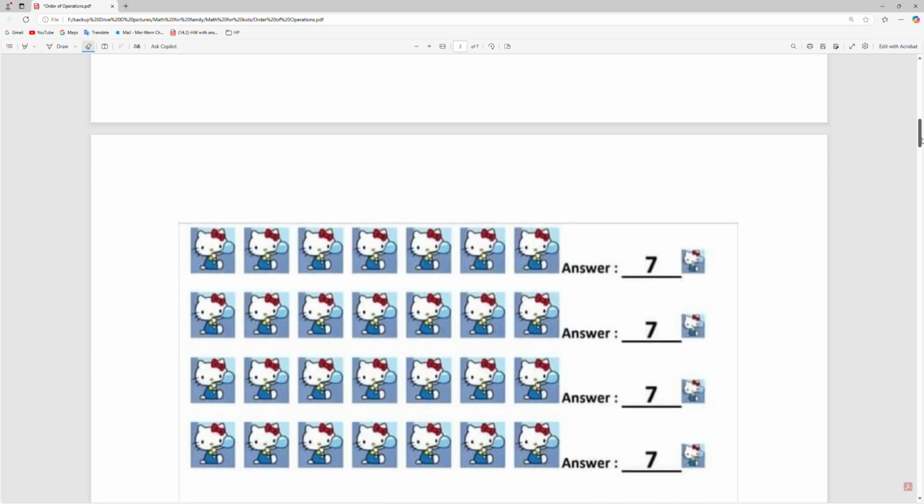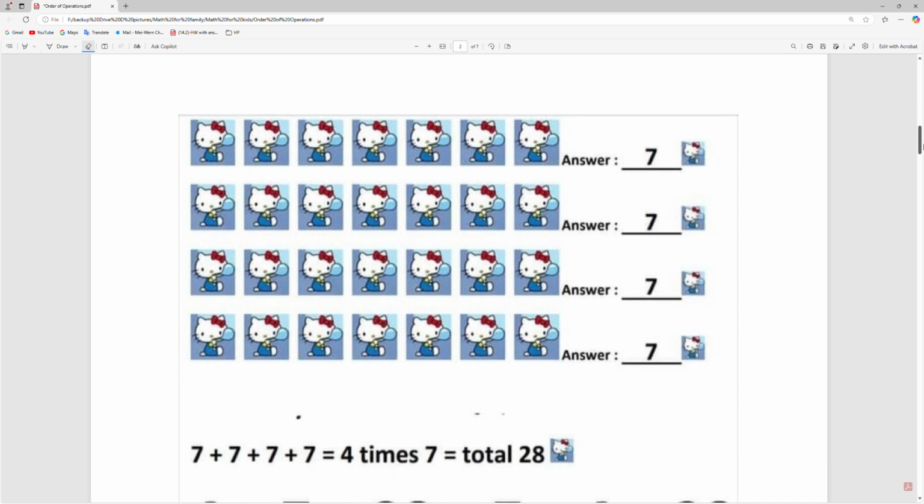So it goes to the next page. When you have so many very cute soldiers standing there for you to count how many soldiers are here, you may calculate by the row. 1, 2, 3, 4, 5, 6, 7.